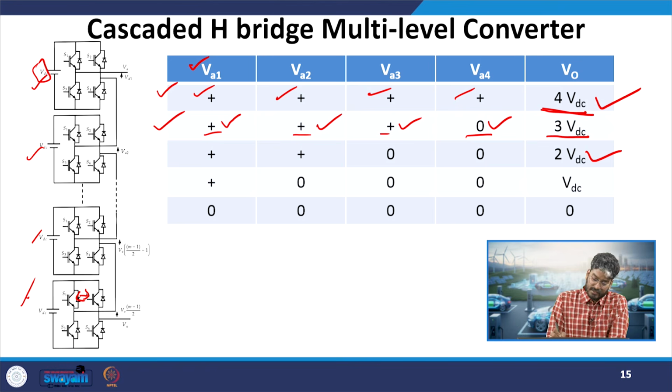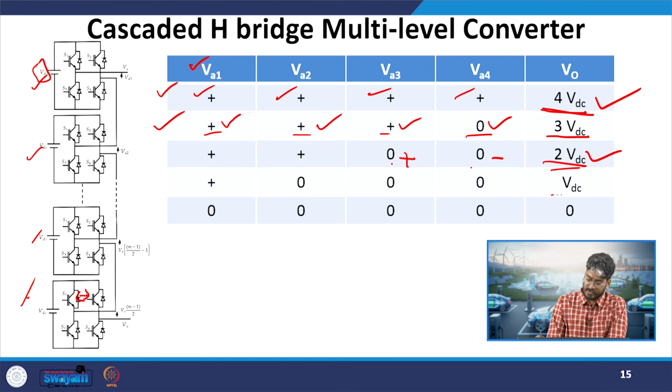Similarly, what can be the other combinations? Instead of bypassing these two, I can insert one in the positive direction and one in the negative direction. So they will be cancelling out each other. In that way, I will get further more combinations. So I can use any of these combinations to generate 2 VDC voltage. Okay. So for 2 VDC voltage, we have plenty more number of combinations.